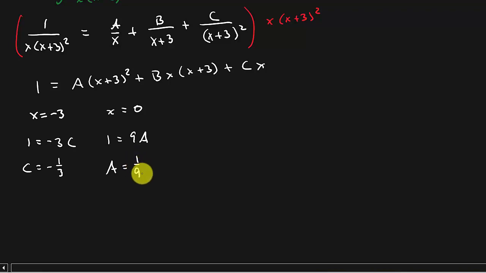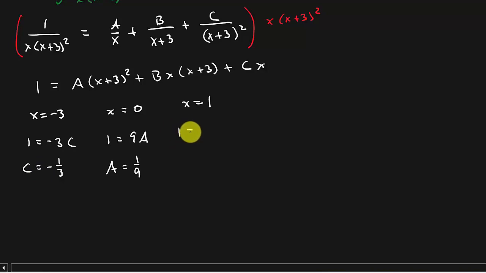All right. Now, what do we do? There's nothing else we can let x equal so that we can knock out a and c and solve for b. Do you see that? So what about I just let x equal 1? I mean, we already know what a and c are.